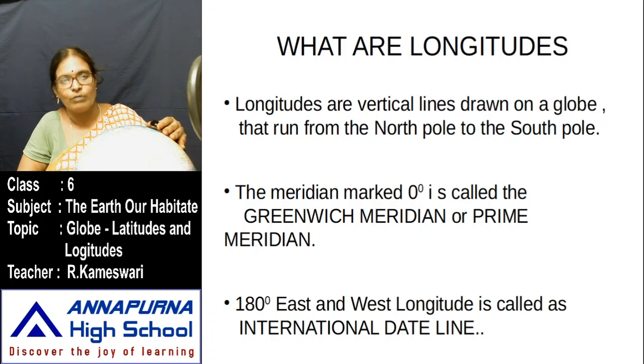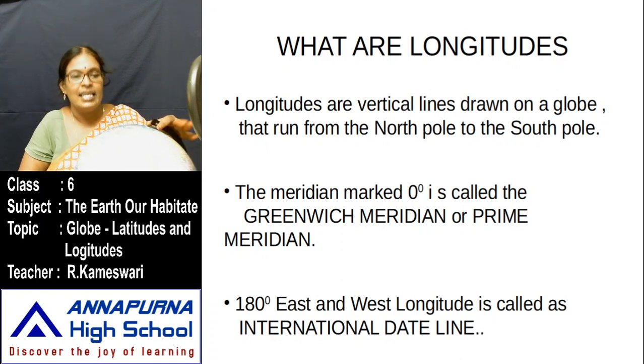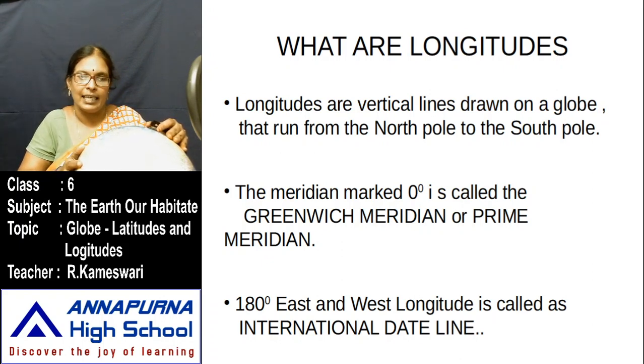It also has another name, the prime meridian. It is one of the important meridians. Why? Because this line divides our total earth into two equal halves: the eastern hemisphere and the western hemisphere.